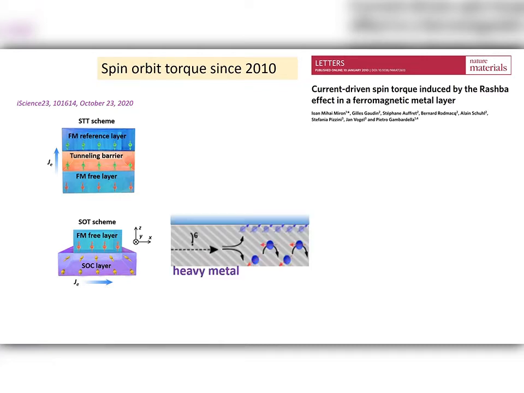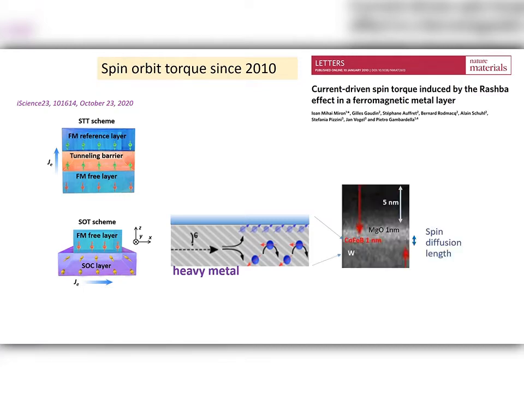You see here the effect sketch, and in the same dimensions typical layer quality. One important parameter here is the spin diffusion length, which is strongly dependent, as you can see here, on the interlayer quality.